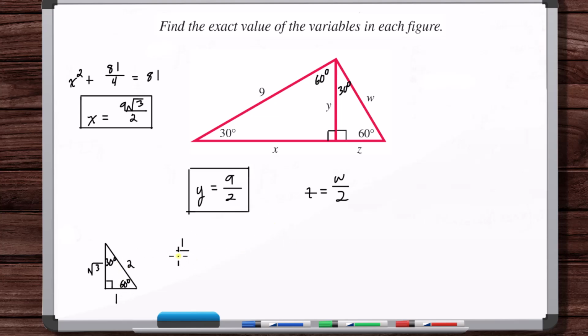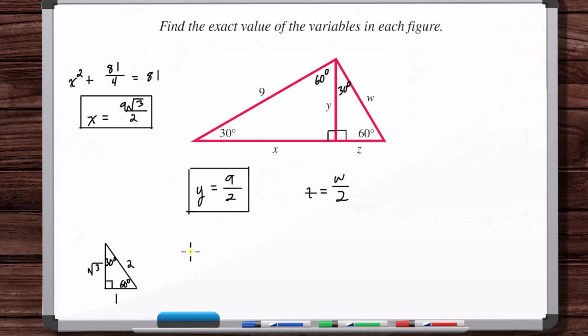So 1/2 is equal to z over w, and you get w is equal to 2z, or z is equal to w over 2. We could have done it that way. We could say the cosine of 60 is equal to what? Well, we'll get the same equation.